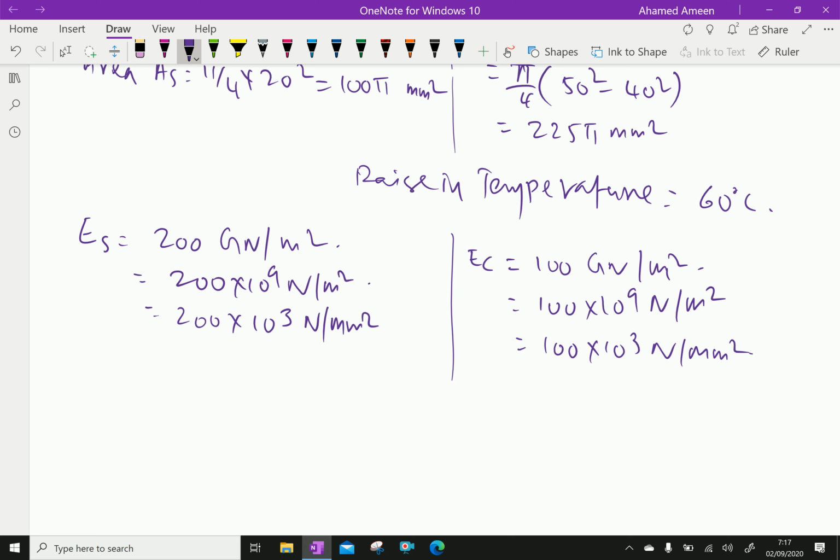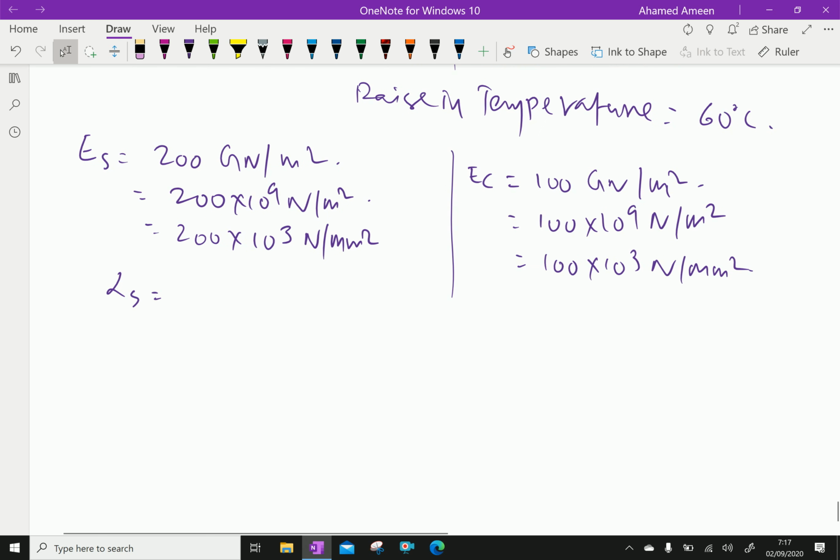Alpha for steel, the coefficient of linear expansion, is 12 into 10 to the power of minus 6 per degree centigrade.